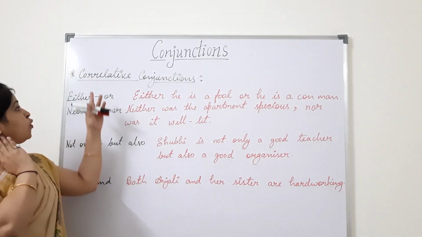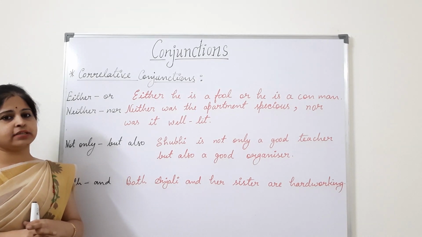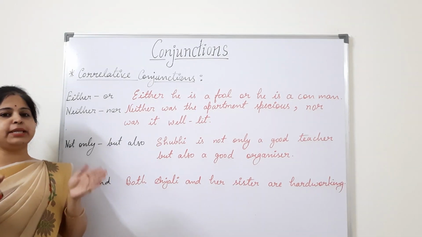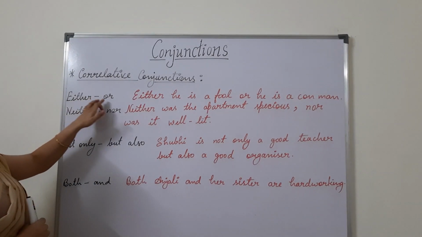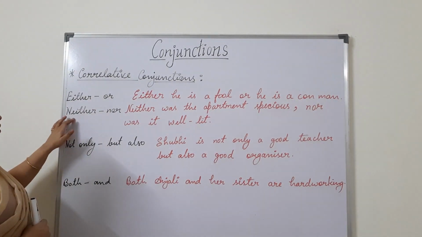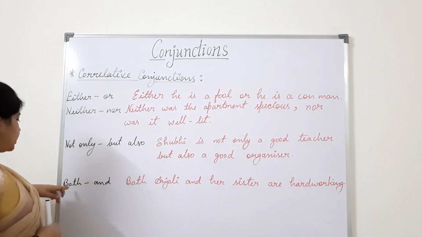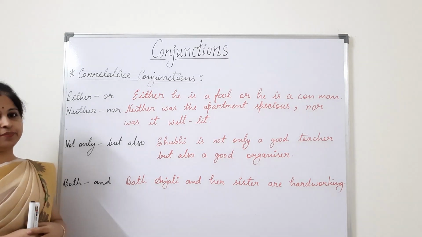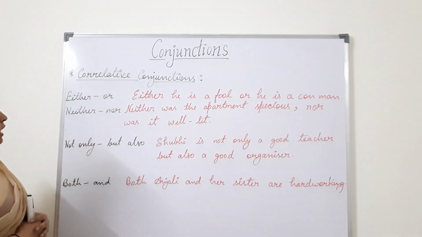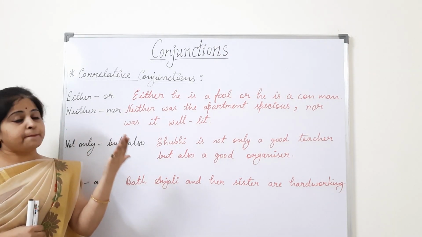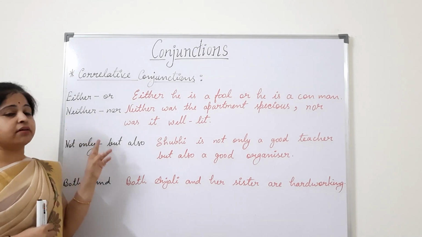Next are correlative conjunctions. Correlative conjunctions are always in pairs. See, either...or, neither...nor, not only...but also, both...and. You can see they all are in pairs. Unlike compound conjunctions, they make pairs.